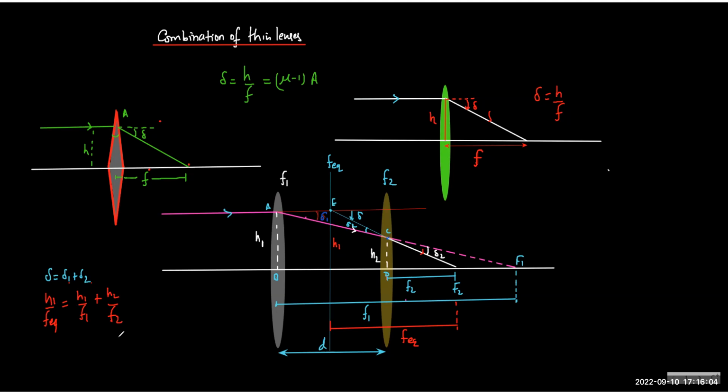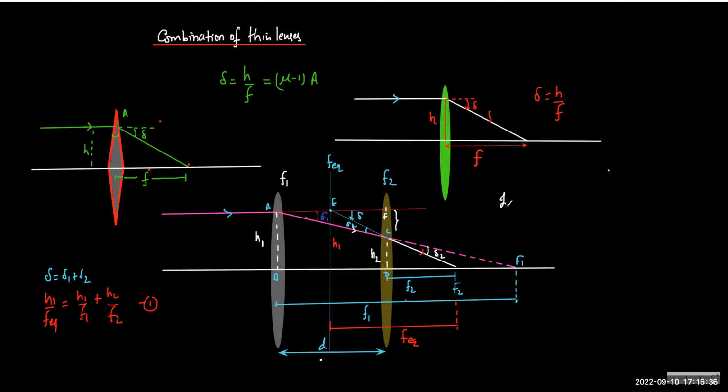For that, we can use a similar triangle. Let's call a point D here, with points A, B, C, D, E, F. Delta 1 we can also write as this upon D, because we have to make use of D also.